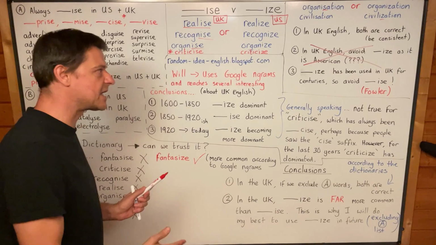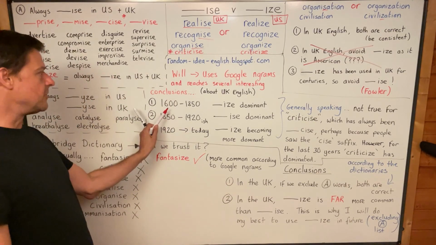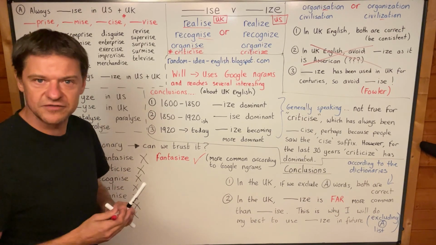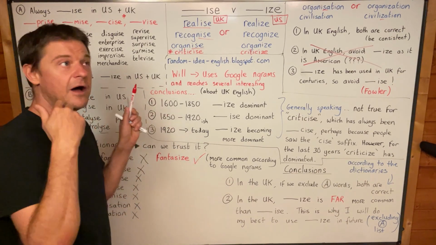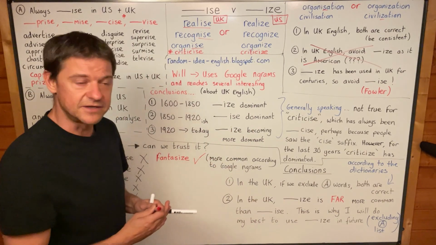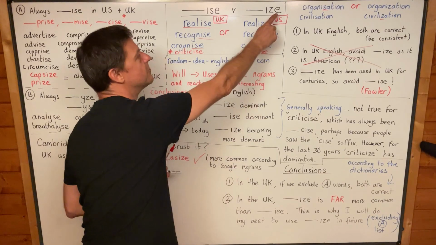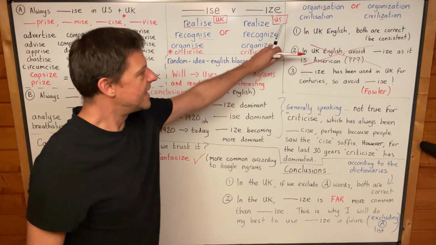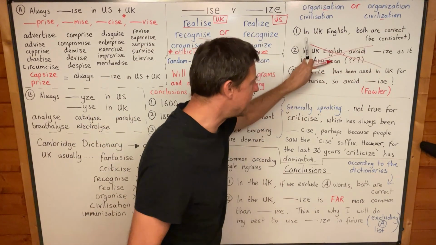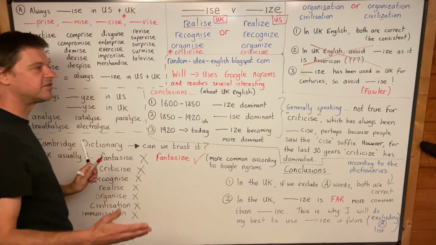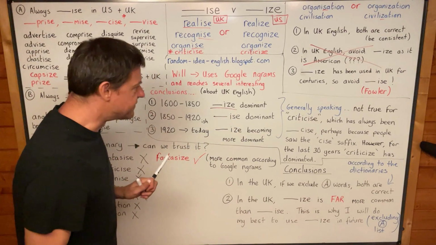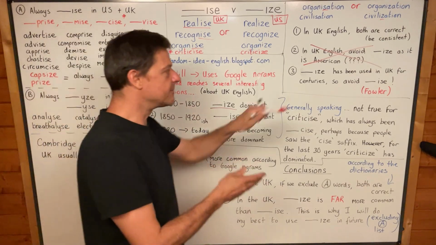Well, because in the UK, many years ago, from 1600, in all of those old texts, like Pilgrim's Progress or something like that, those old books from a long time ago, the IZE form was dominant. You saw more of IZE than ISE. And that's how we know that number 2 is wrong. It's wrong to say that IZE is American when many British books, perhaps the majority, used IZE more often than ISE. So number 2 is not correct.